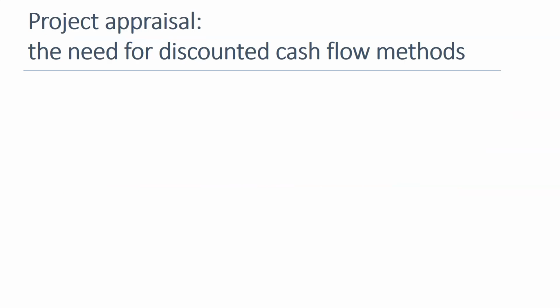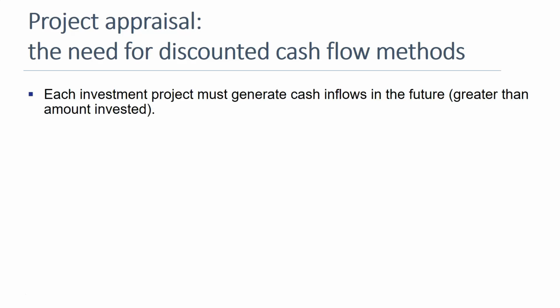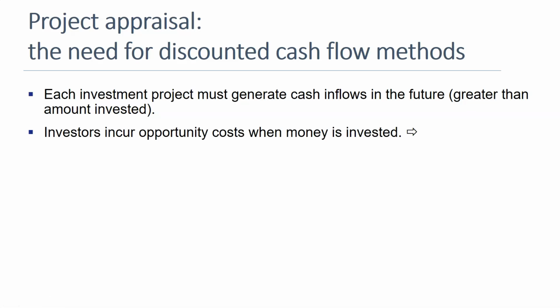Let us start. First of all, let's discuss why we need to introduce these discounted cash flow methods. The purpose of allocating capital to a particular investment project is to generate cash inflows in the future. And apparently we expect to get significantly greater cash flows than the amount we've invested. Apart from this, from economics, we know that any decision, including investment decisions, involves opportunity costs.